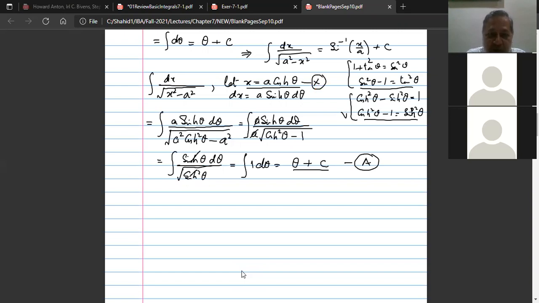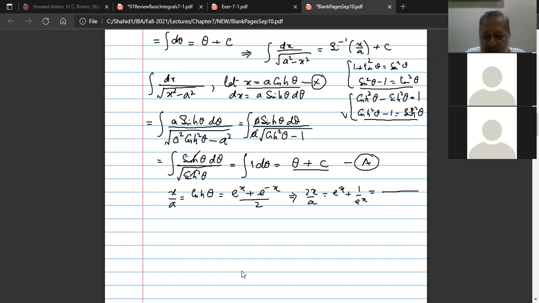The substitution: x upon a is equal to cos hyperbolic theta, whereas cos hyperbolic theta is equal to e raised to power theta plus e raised to power minus theta divided by 2. And that makes 2x upon a equal to e power x plus 1 upon e power x.